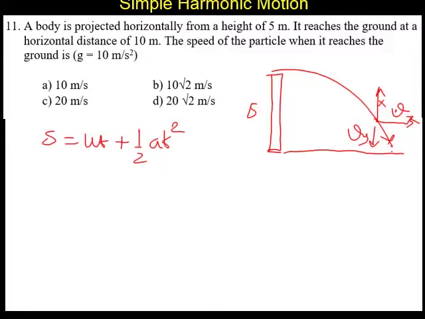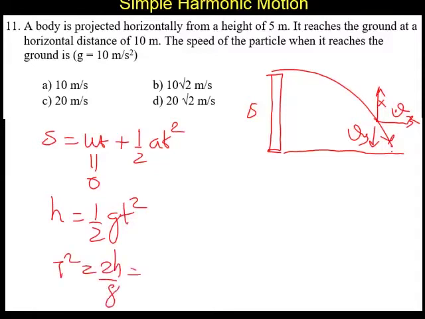So here, as far as downward motion is concerned, u is equal to 0. So h is equal to half g t square, or t square equal to 2h by g. It's given as 2 into h, which is 5, divided by g, which is 10, so it's going to be 1. So the t value is going to be 1 second.